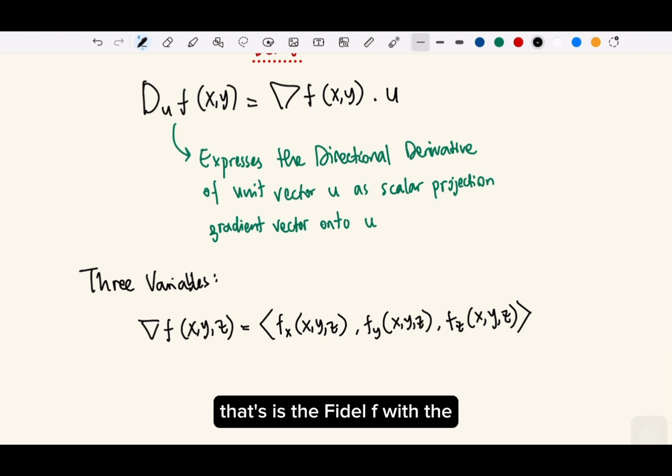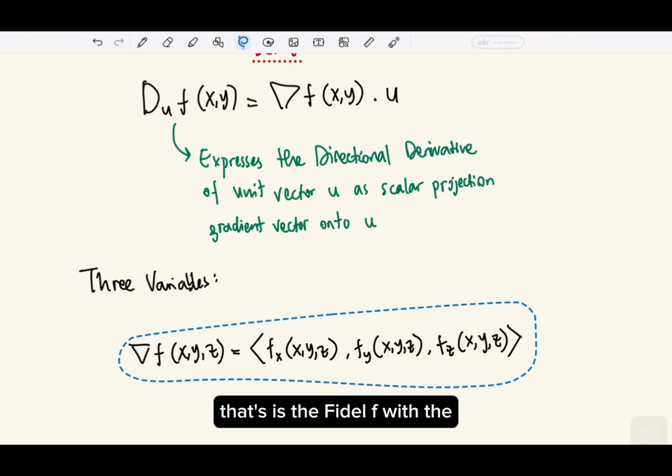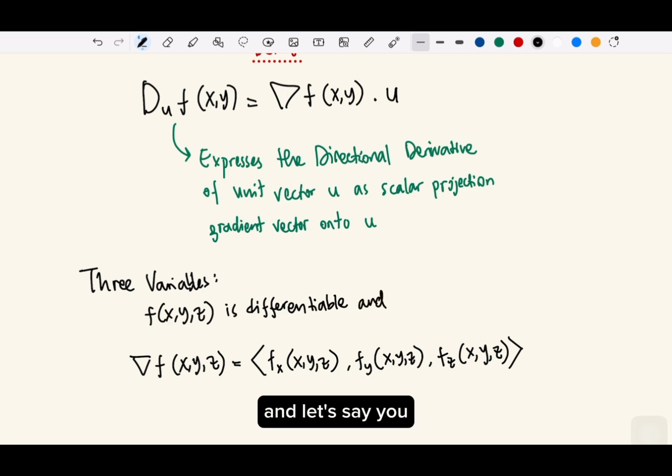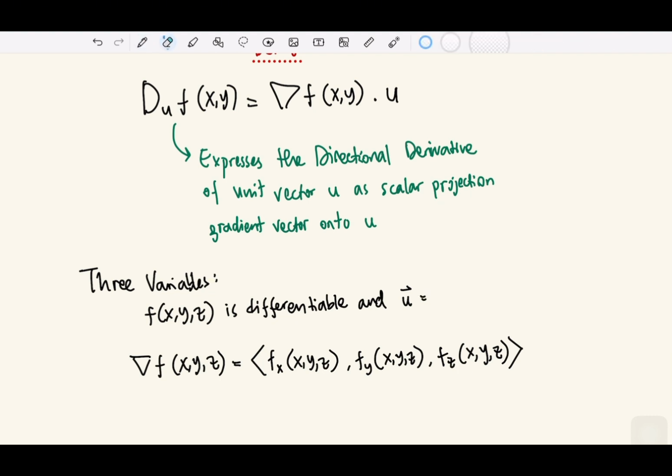So f is differentiable, and let's say the unit vector u is taken in 3 variables as well.